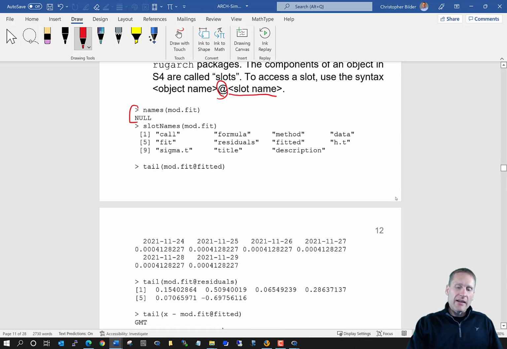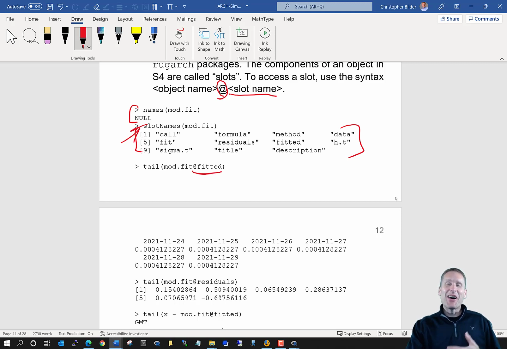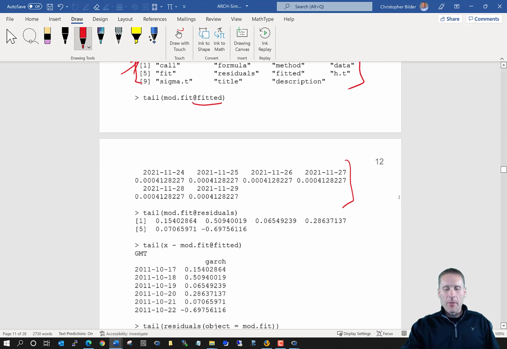If I use slotNames here with mod.fit, I get information about what's stored inside there. So for example, if I wanted the predicted values for x of t, I can pull out the fitted slot of mod.fit. Here are the last 6 of these estimated values from the tail function.